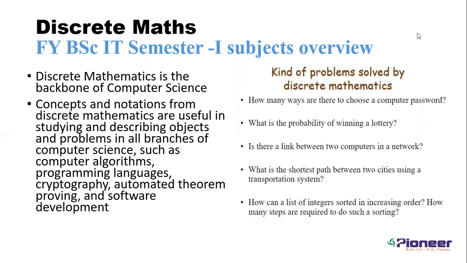So I have informed you on the right hand side about the kinds of problems you can solve by discrete mathematics, like how many ways there are to form computer passwords, probability, combinations, right? Is there any link between the computers in the network? What is the shortest path to reach from one city or place to another place? This is solved through discrete mathematics.